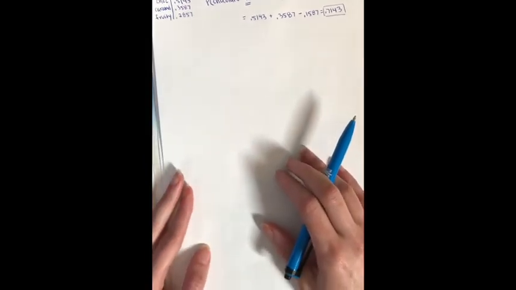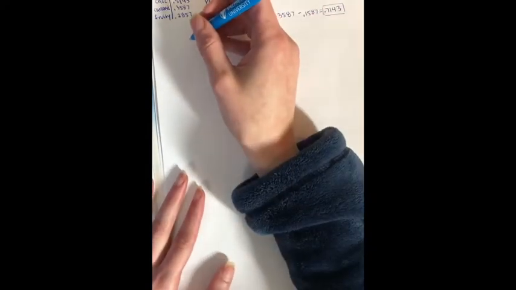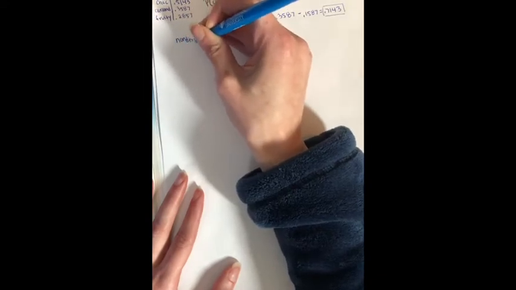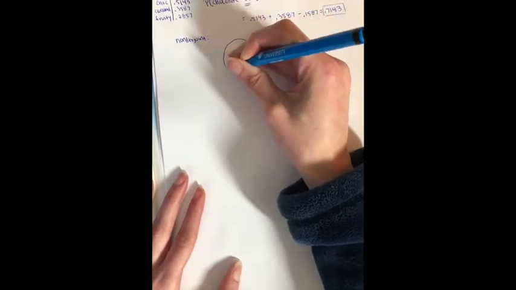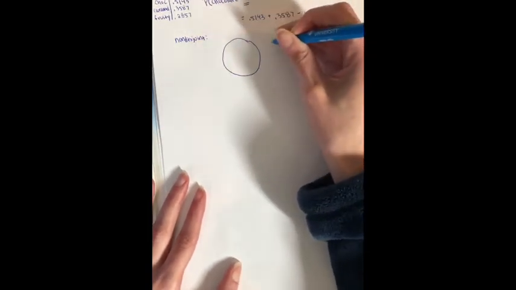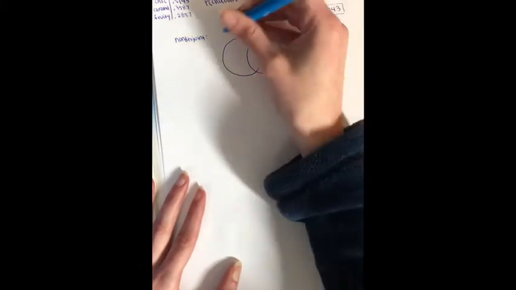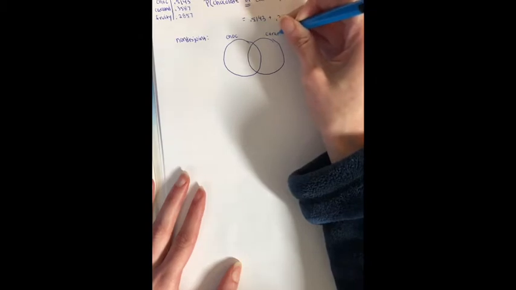Okay, and you can see that if we were to actually do some work with a Venn diagram. This is what we would do to find probabilities if we have a non-disjoint or not mutually exclusive set. You would probably make a Venn diagram to help understand the scenario some more. And when you make this Venn diagram, you're like, okay, here are my two events, chocolate and caramel. That's what I care about here.